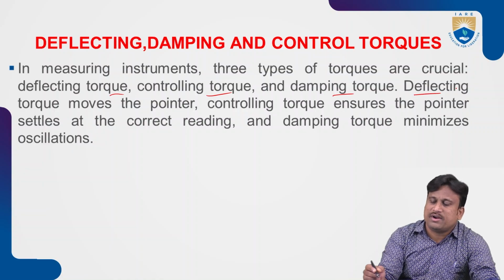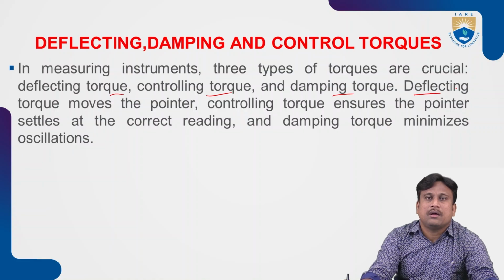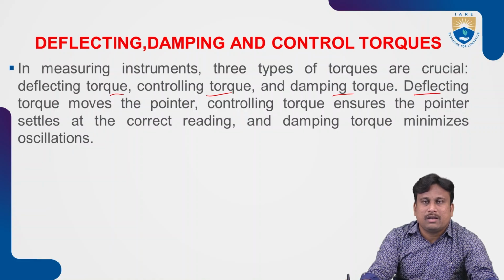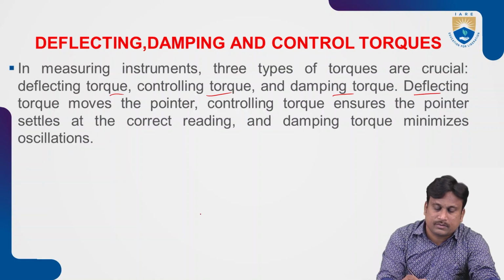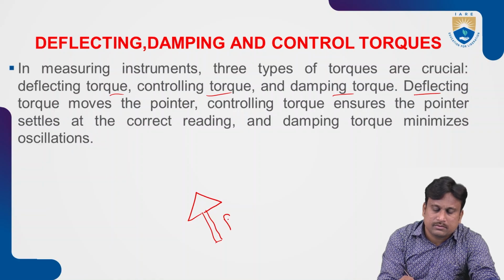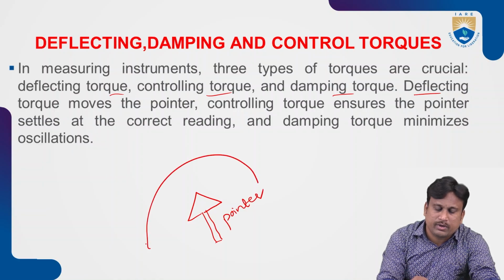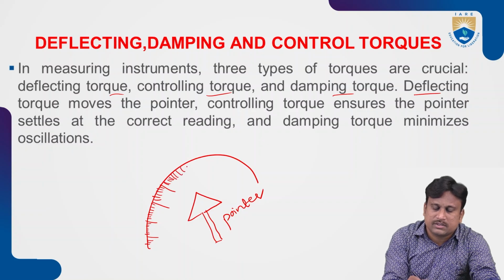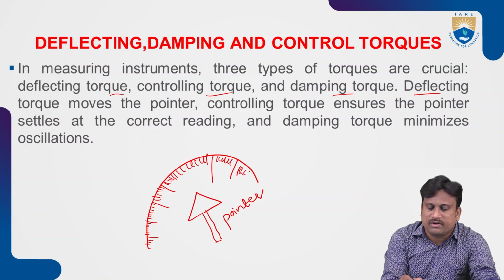Coming to our deflecting torque, it moves over the scale with the help of a simple pointer. We should have a simple pointer. This is the pointer. With this pointer, we can make the movement over the scale by the deflecting mechanism.